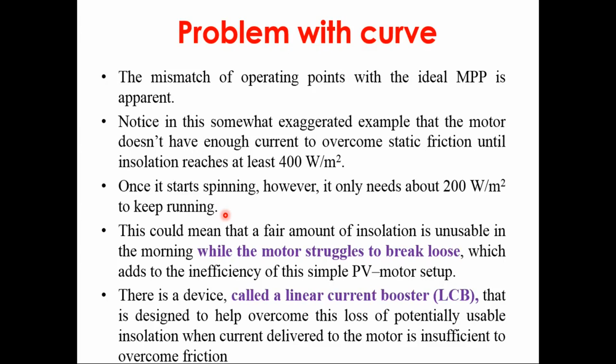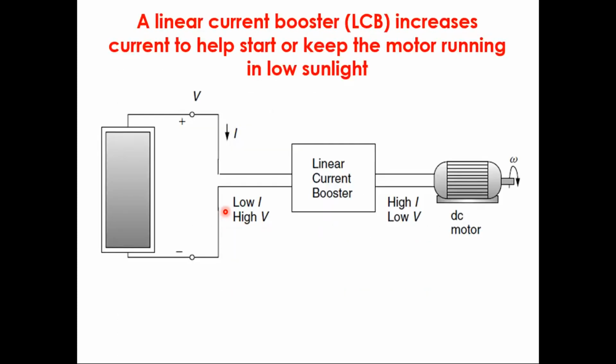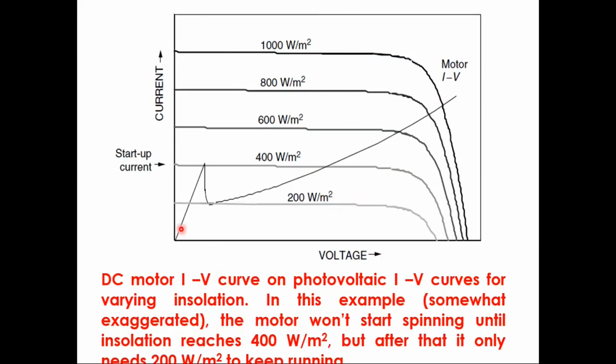The device known as LCB, that is the linear current booster, is used to reduce this loss when the radiation is low. The LCB converts low current, high voltage into high current, low voltage. So the problem of low current at 200 watt per meter square is solved by converting it to high current.